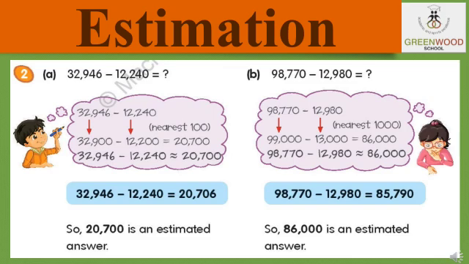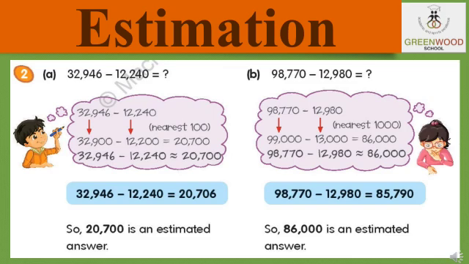And in the second example, round the numbers to the nearest 1000. So the first number becomes 99,000 while the second number becomes 13,000 and its difference is 86,000. Now if you subtract the original numbers, you will get the answer as 85,790.